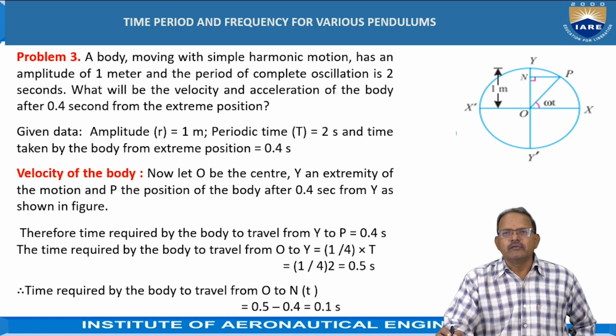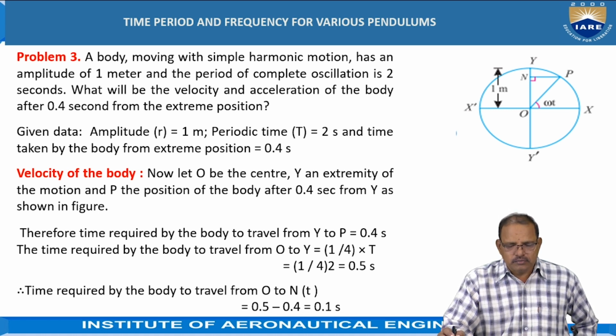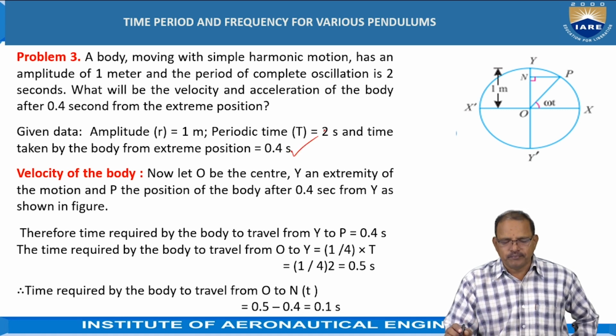Okay, the given data: the amplitude is equal to 1 meter, the periodic time T is equal to 2 seconds, and the time taken by the body from the extreme position is equal to 0.4 seconds. This is the given data in the problem.